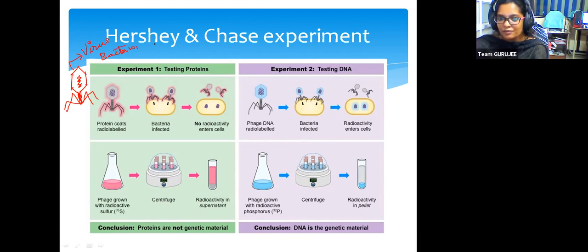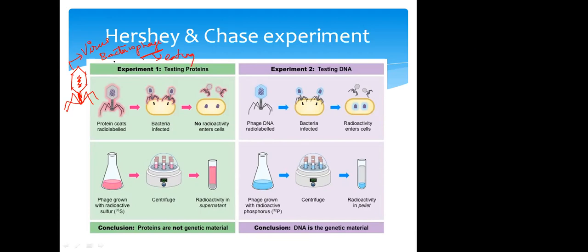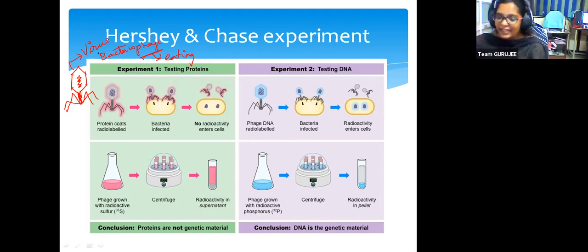Phage means eating or swallowing. So the virus that eats, digests or infects bacteria is called a bacteriophage.